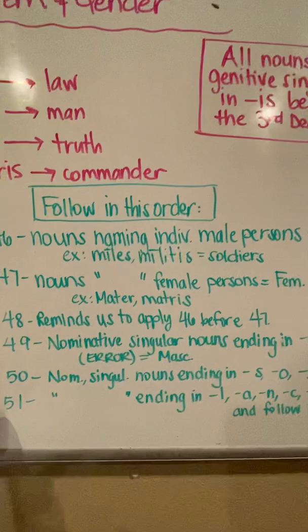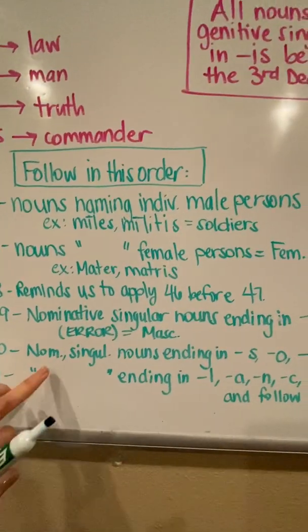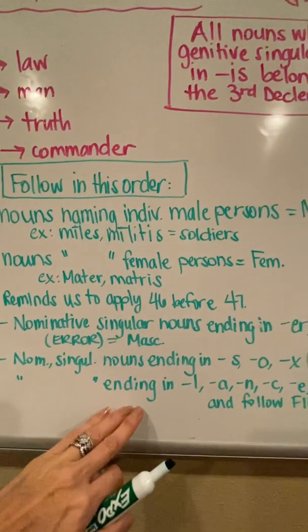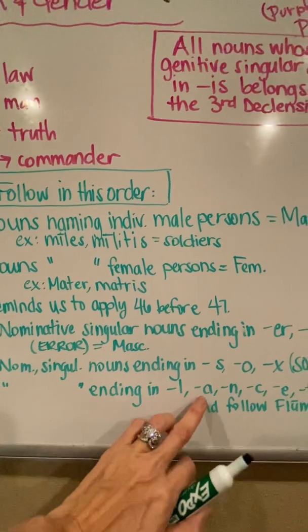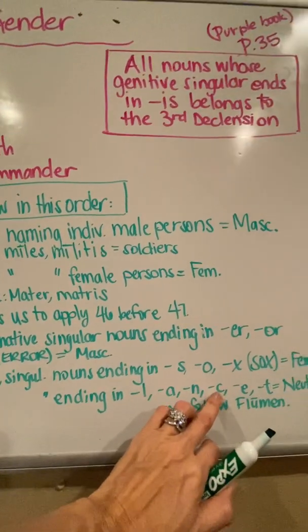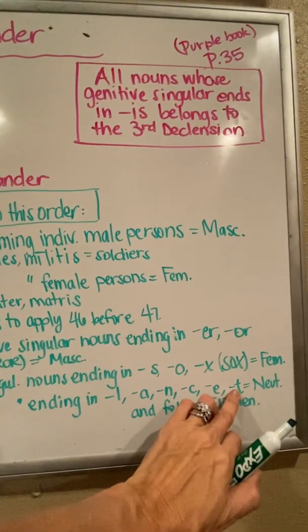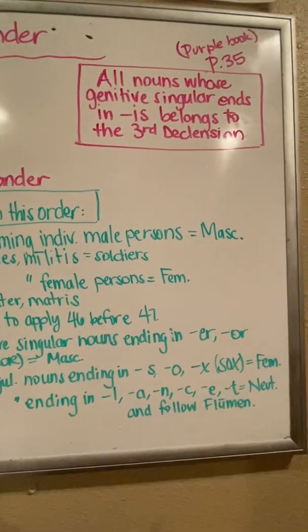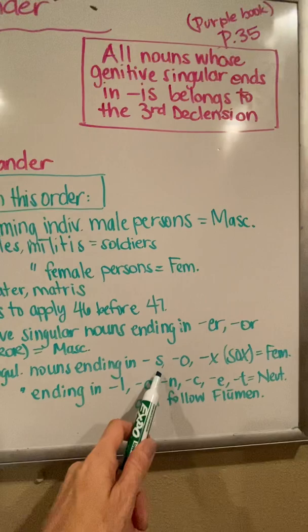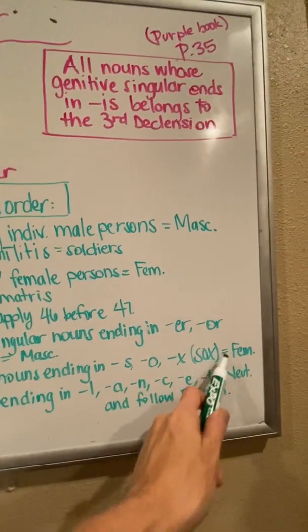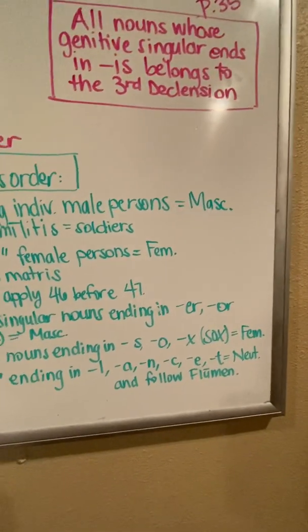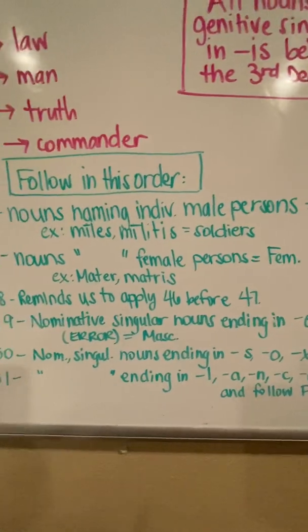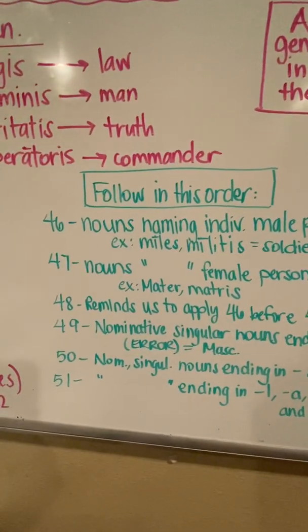And then finally, rule 51 simply says, again, nominative singular nouns ending in an L, an A, an N, a C, an E, or a T are neuter. They call this the Lancet rule. And the one above it, as I mentioned, is the Socks rule for feminine. So they have these fun, simple ways to help us remember.